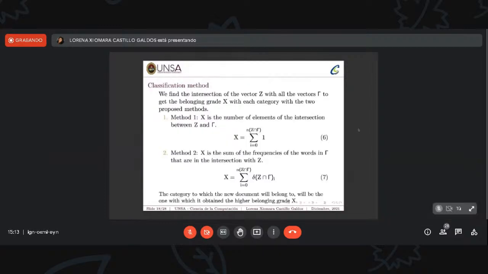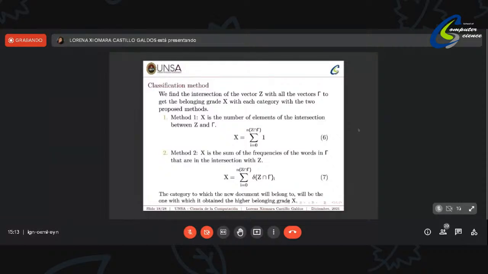We find the intersection of this new vector of an unclassified document Z with all of the vectors gamma of each category. With this, we get the belonging grade X, for which we propose two methods. For the first one, the belonging grade X will be the number of elements of the intersection between Z and the vector gamma for each category.